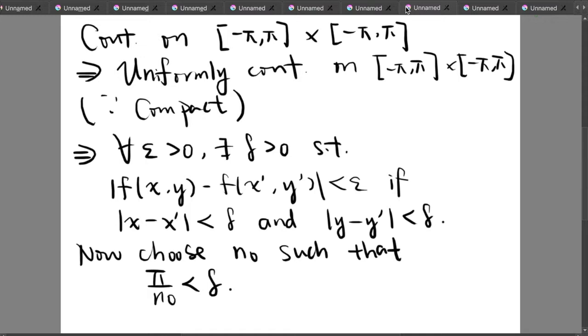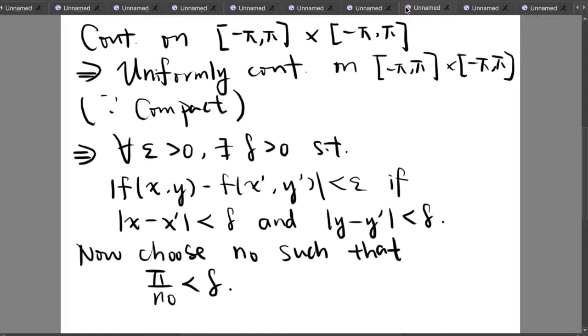And we know that if a function is continuous on the square, then it is uniformly continuous on this square, because the square is a compact set.